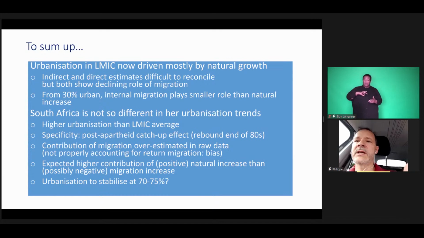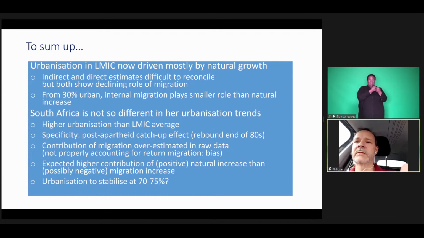For South Africa, it's not so different in urbanization trends. There is higher urbanization than average, but there is also the historical context that led to a catch-up effect after apartheid, and also the problem with the data that is underestimating return migration.